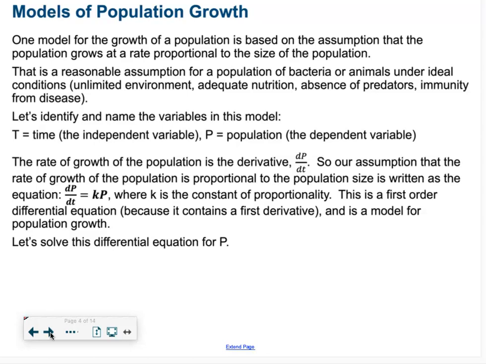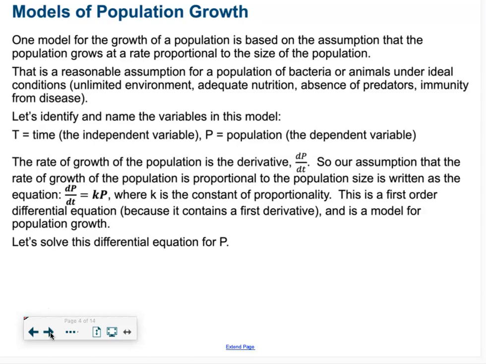It's just growth, right? So when you have that perfect exponential growth, it follows a model based on the fact that the rate of change of the population, meaning the rate of growth of that population, is proportional to the amount that's there at any moment in time.